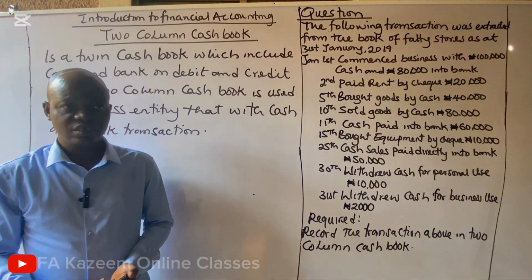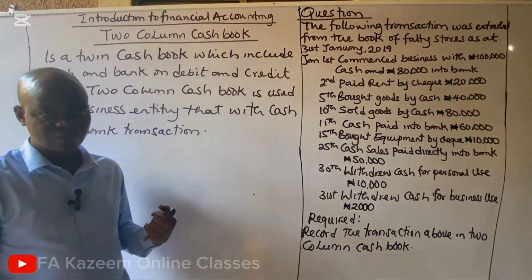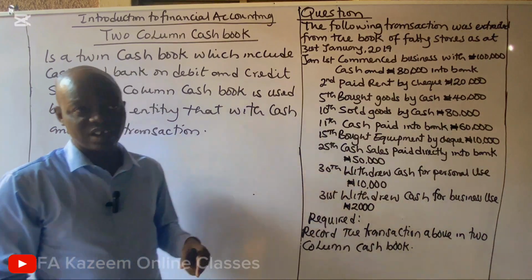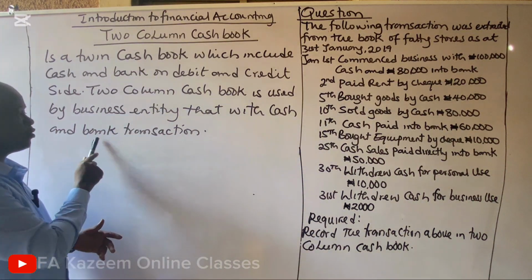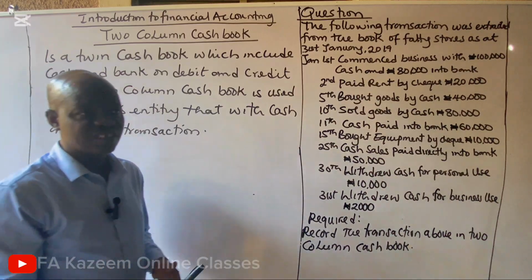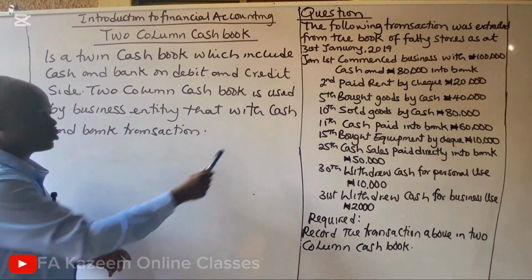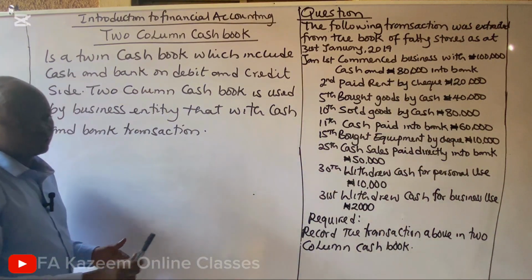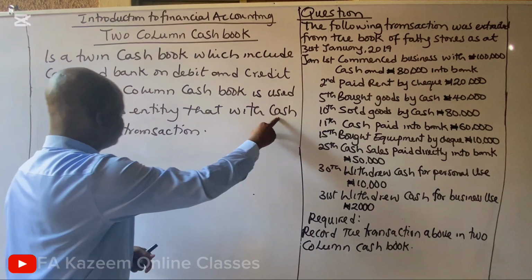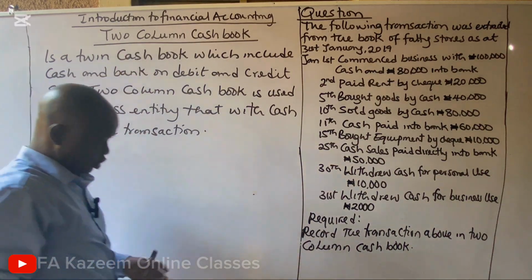For instance, if goods are sold and a customer pays into your account with check or online transfer, you must create a column for bank in your cash book. But if the transaction takes place on cash and carry, you must also create a column for what? Cash.